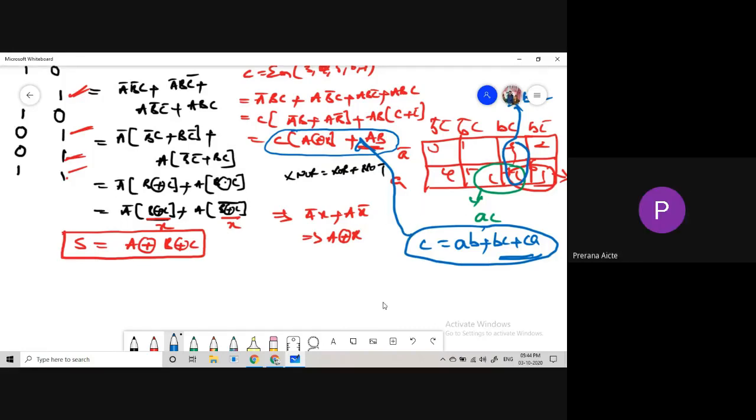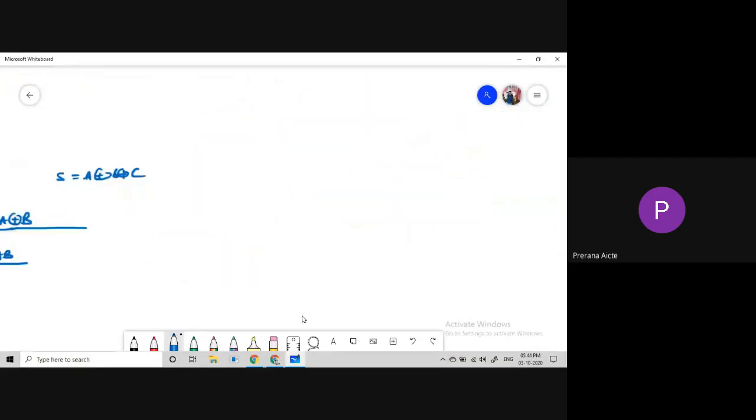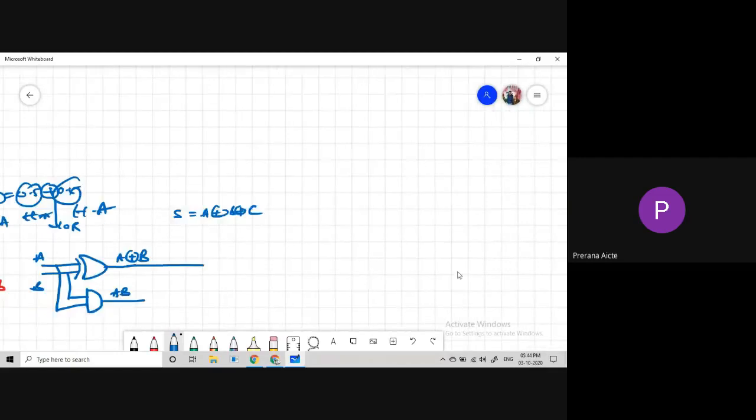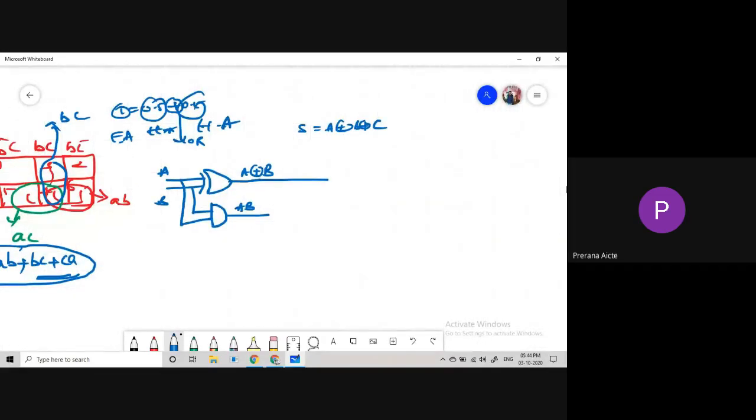Now we come to the construction side. We take another input, C, and this C is given to one of the XOR gates, so we get A XOR B XOR C. Then what about the carry?